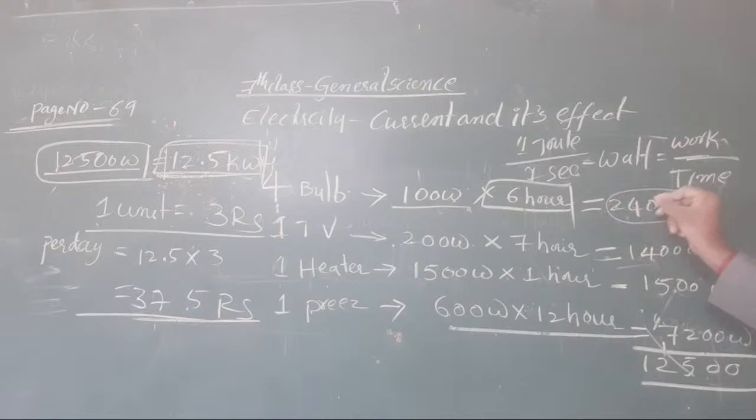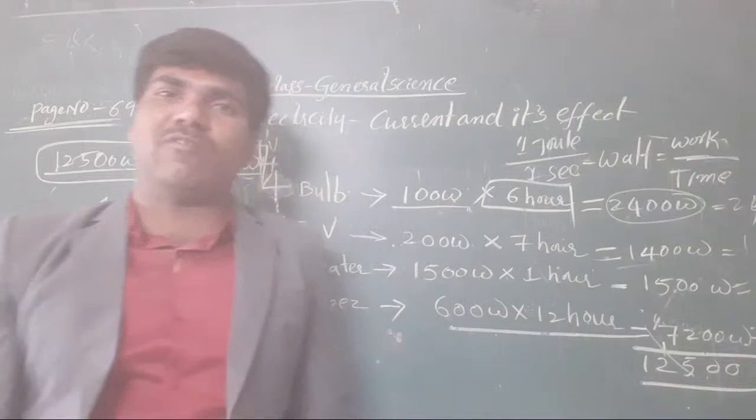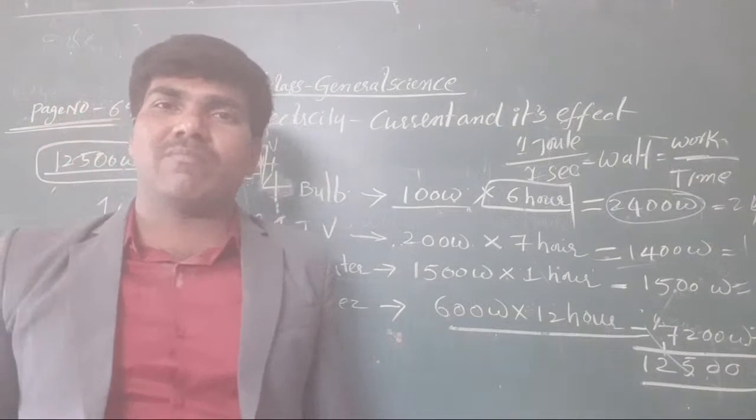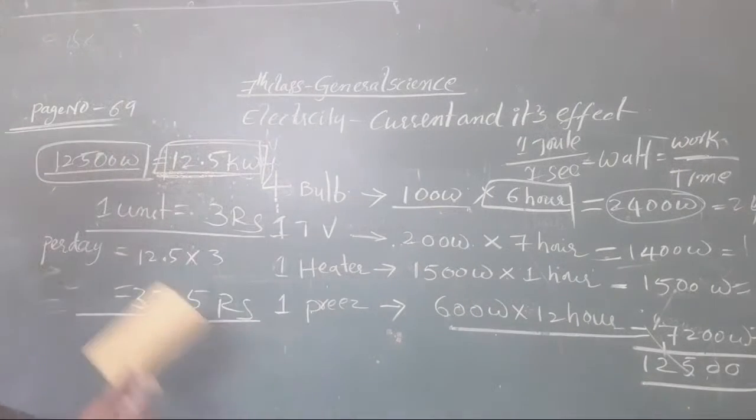It will be 2.4 kilowatt hour, also 2.4 kilowatt hour, 1.4 kilowatt hour, 1.5 kilowatt hour, and 7.4 kilowatt hour. Totally 12.5 kilowatt per hour is written as 1 unit of power measurement. When you multiply with the charged rupees, you get that current bill.